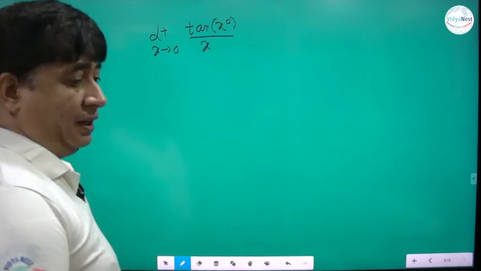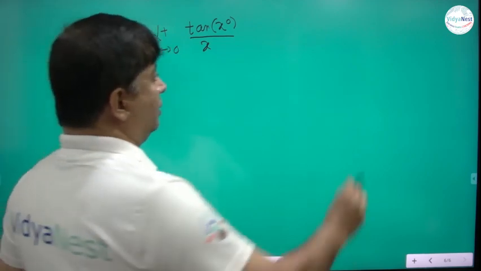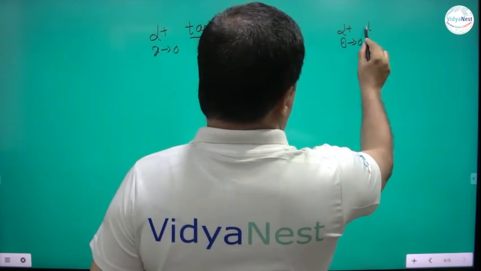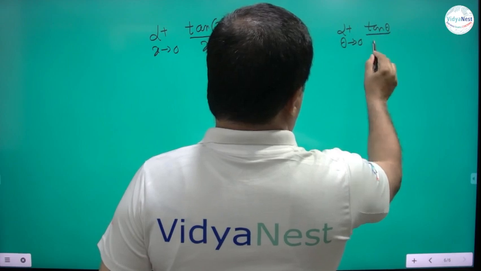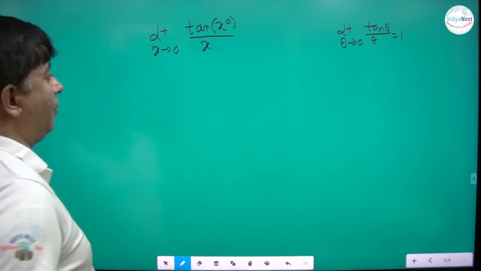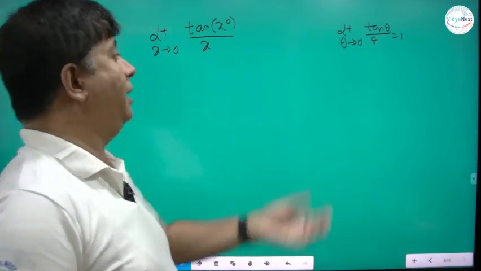You are told to find its value. x degree, not x to the power 0. But we have the formula, theta tends to 0, tan theta by theta is 1. So, x degree. So, you have to convert degree to radian.